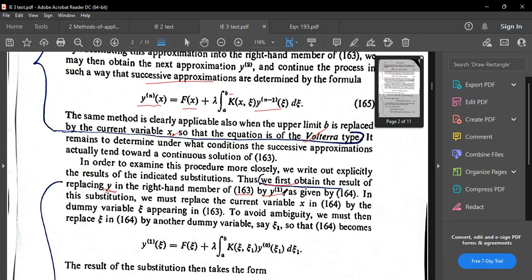In the substitution we replace the current variable x in 164 by the dummy variable psi, and we replace the dummy variable psi by another dummy variable psi 1.